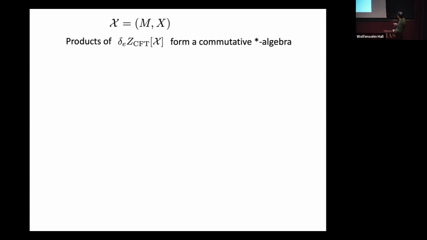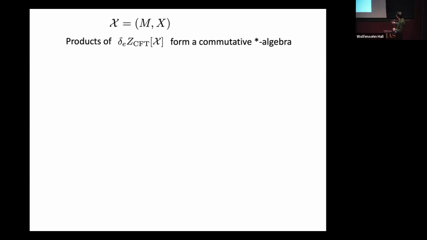So now let me collectively denote the Euclidean manifold and the light operator insertions by this script X. And then you can view this erratic part of the CFT partition function as some kind of function on this big space. Okay, this script X is a huge space.